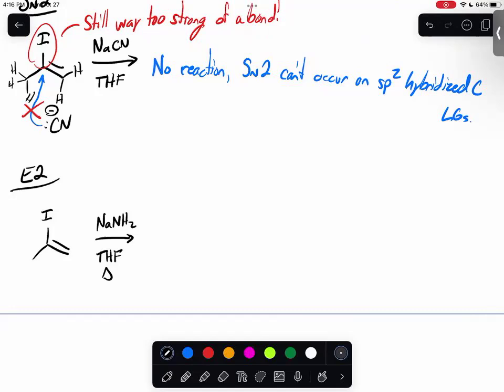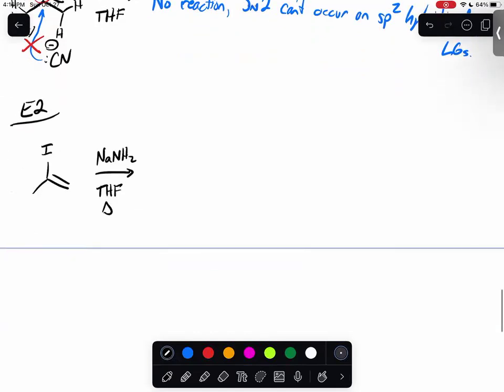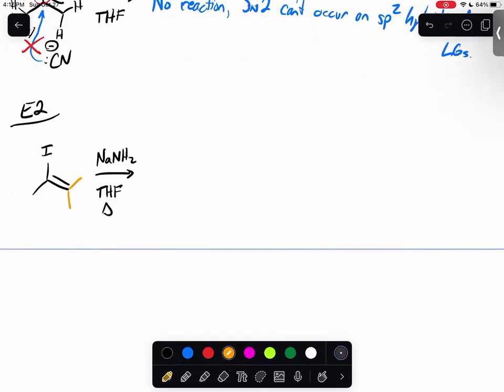And the reason for this is E2 is going to form such a strong bond between the base and the hydrogen. And in this case, we have two hydrogens on the alkene, right? Since these are in plane, this one right here is actually antiperiplanar to the iodide, right? So this is what we talked about earlier in that other example. If we have an sp2 hybridized leaving group and we have sp2 hybridized CH bonds, right? These can actually be anti.